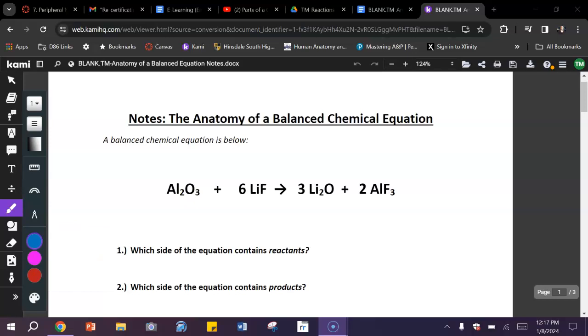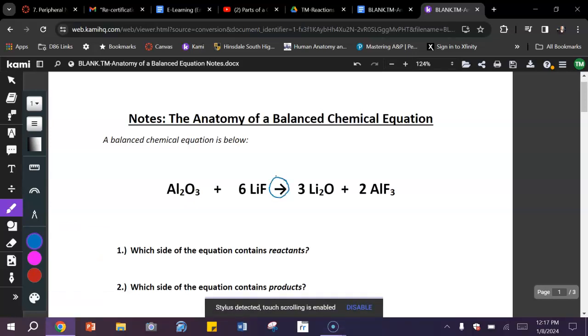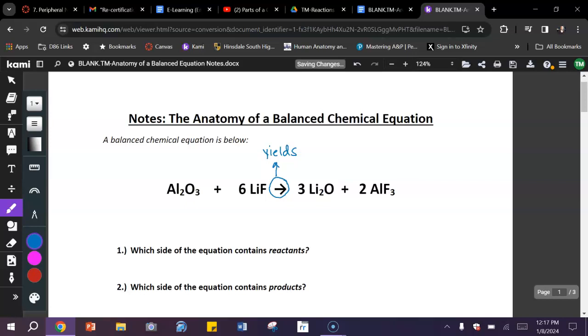In this chemical equation, the arrow, which means yields, is dividing our equation into two parts.